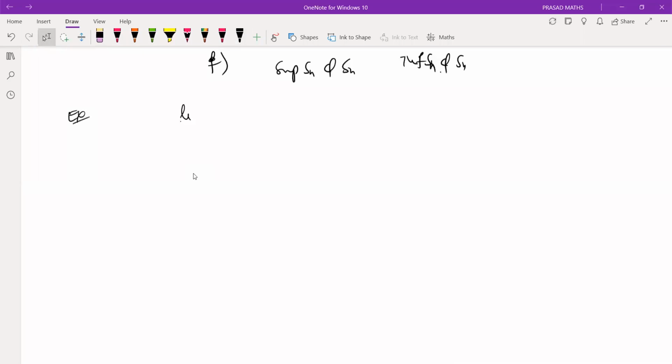So the limit of sine of n pi by 3 divided by root n is equal to: answer A 1, answer B 2, answer C 0, answer D 4.